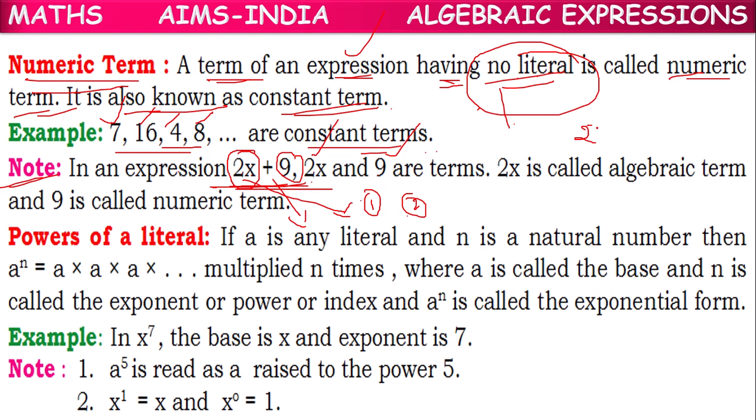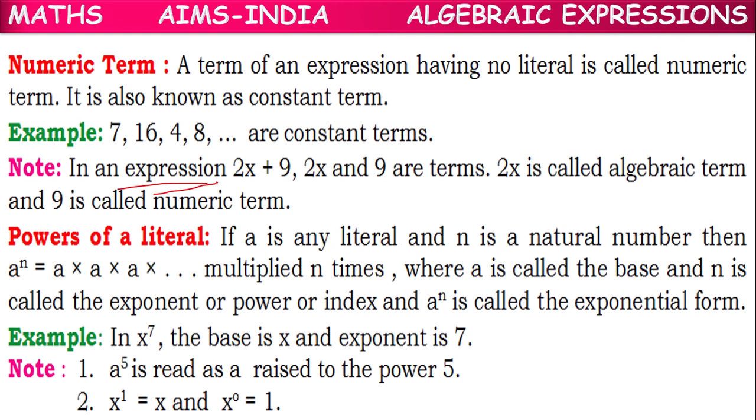If there is no plus operator, if there is into, then it will become a single term. Plus and minus are used to differentiate the terms. Out of the two terms, 2x is the algebraic term, 9 is the numerical term. We have a combination of both.